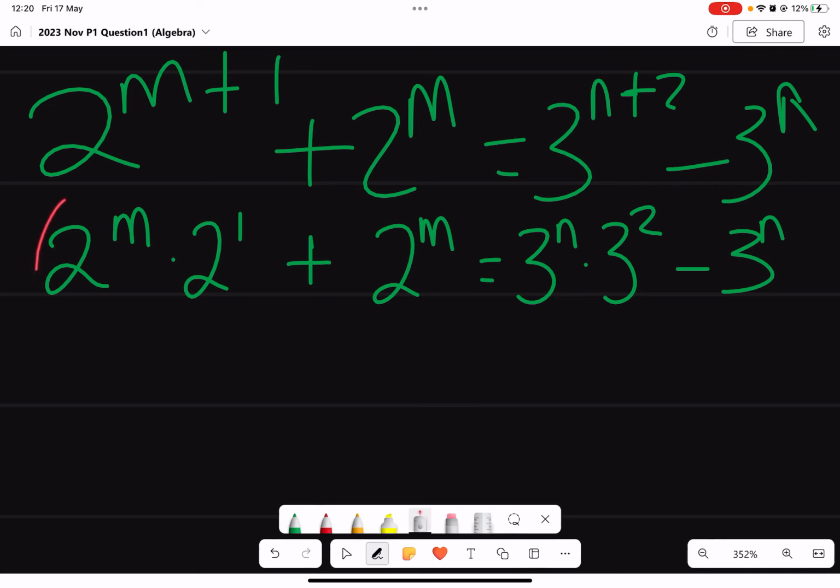So here you have this being common to that. And we have two terms. This is the first term, that is the second term. So we can take the common part as a common factor. So 2 to the power m goes out. And then the plus sign is still there. This side we are remaining with only this, right? Because that one went out.